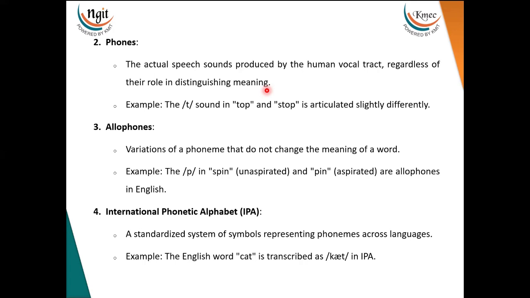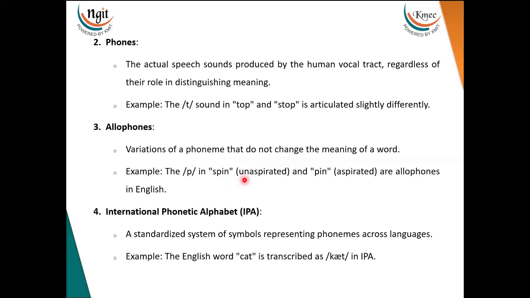Next are allophones, variations of a phoneme that do not change the meaning of a word. For example, the P in spin is unaspirated and in pin is aspirated, and they are allophones in English. We saw the top and stop example in phones, and you can relate it to allophones as well.